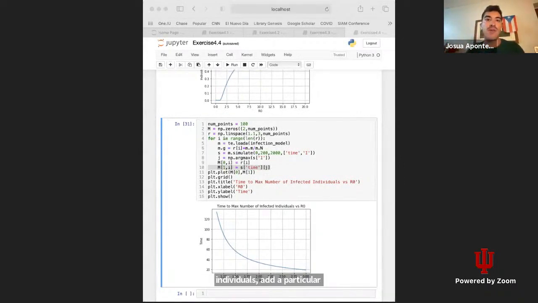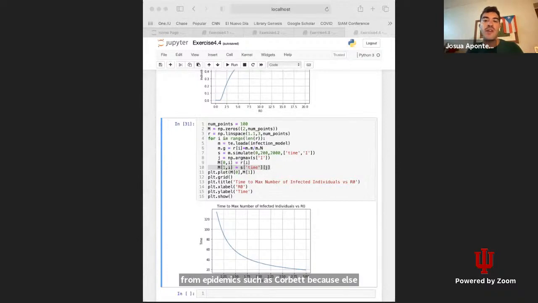So at a particular instant, we know how many individuals are infected, which is usually not an easy number to get from epidemics such as COVID.